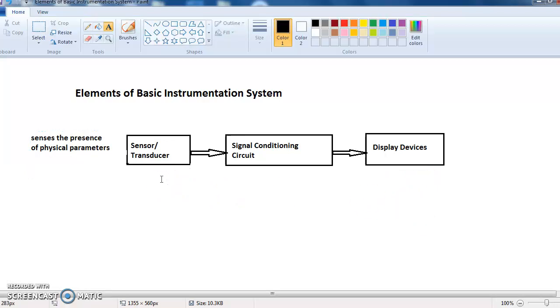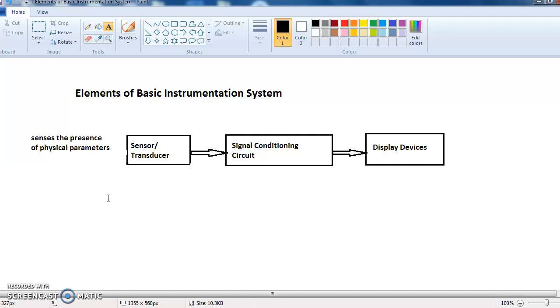Now the sensors can give you output in the form of electrical or non-electrical. For example, if I have a thermometer, you all know how it works. It senses the temperature and the mercury will rise according to the temperature. If temperature is high, the displacement of the mercury will be high. If temperature is low, displacement of the mercury will be low.